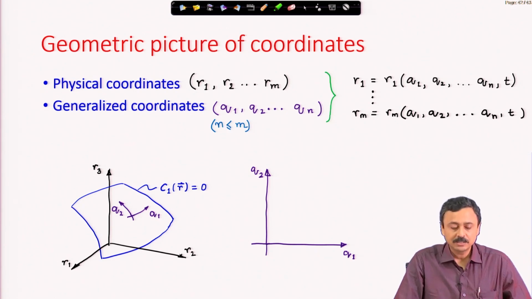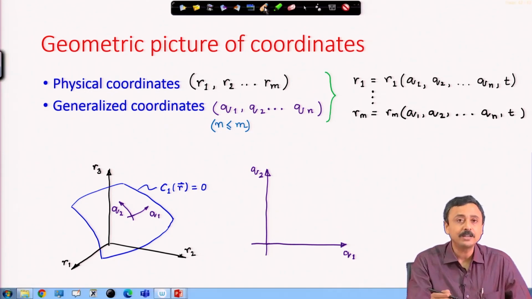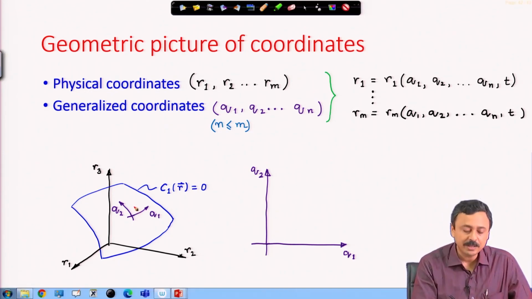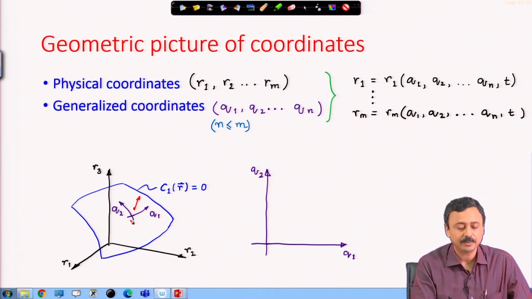Non-holonomic constraints are not surfaces like this, and that is why they do not take away degrees of freedom. Non-holonomic constraints are something like this: at this point you are allowed to move only in this direction, but you can arrive at this point in some other way as well. You cannot move on this path.